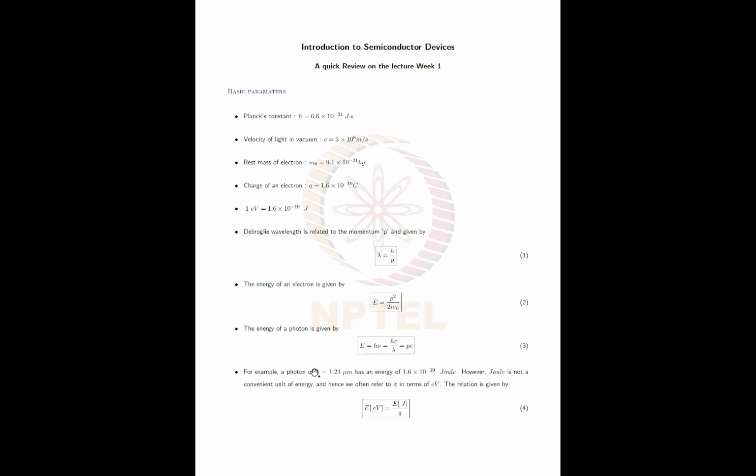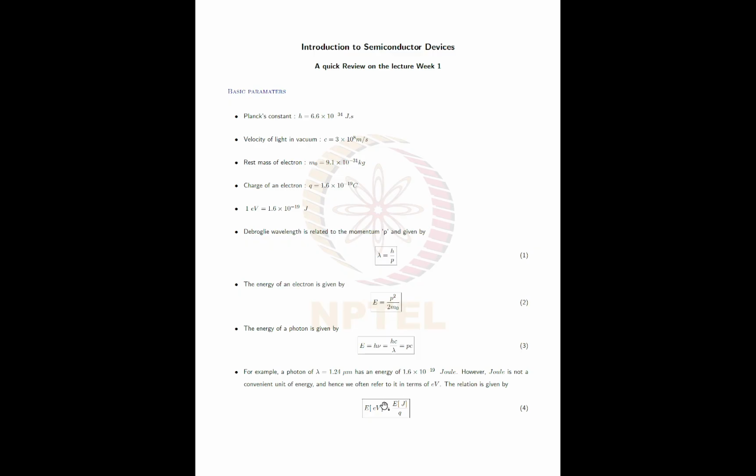This is an example that is given: if we have a photon of wavelength 1.24 micron, then the energy it has is 1.6 into 10 to the power minus 19 joules. However, joule is not a convenient unit of energy, so instead we refer in terms of eV, and this relationship is given as eV equals J by q.